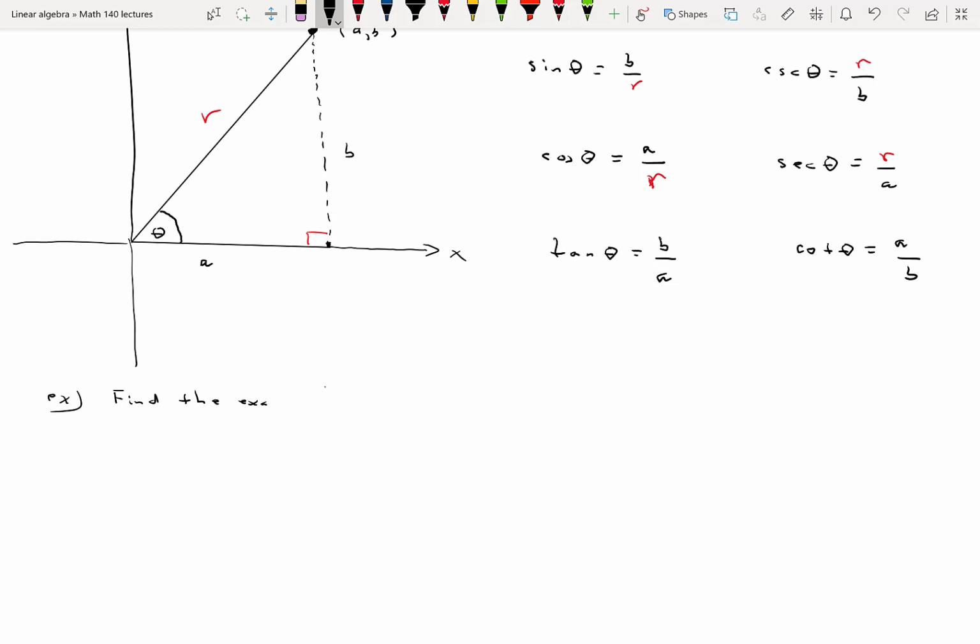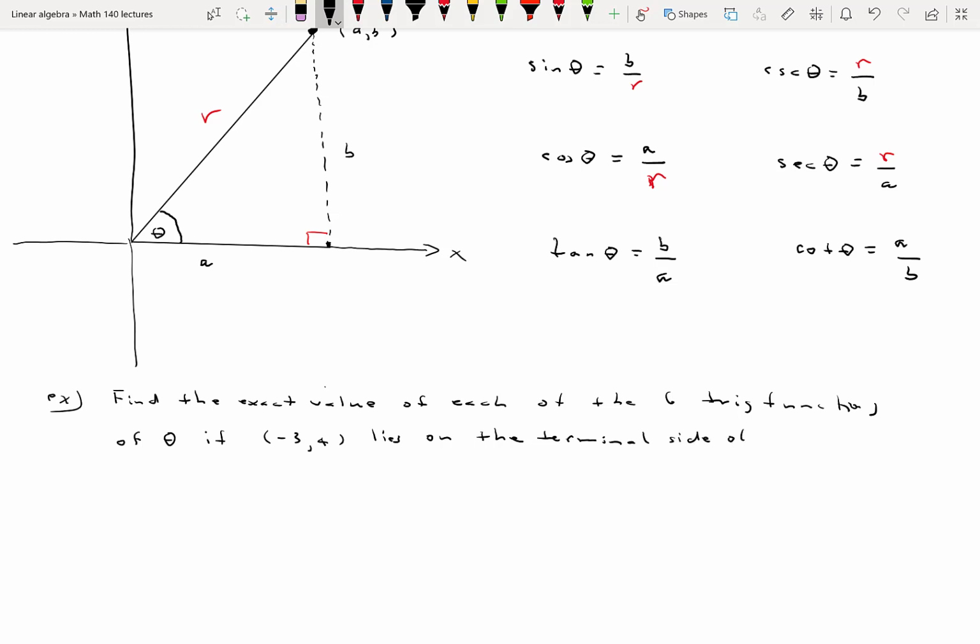So let's find the exact value of each of the 6 trig functions of theta if the point -3, 4 lies on the terminal side of theta in standard position. I'll just write it this way.